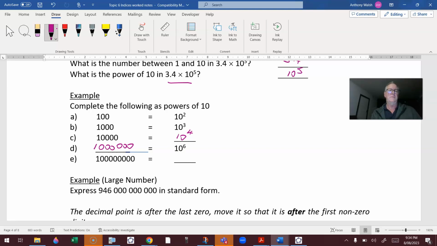And this one, which has 8 zeros, that's 100 million. That would be 10 raised to the power 8, because it has 8 zeros following the 1.